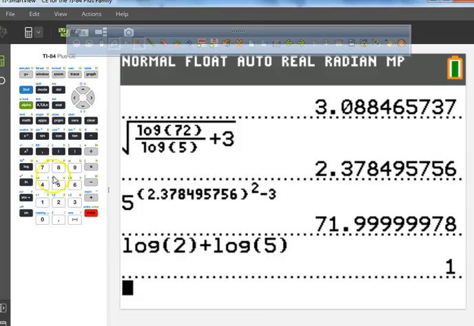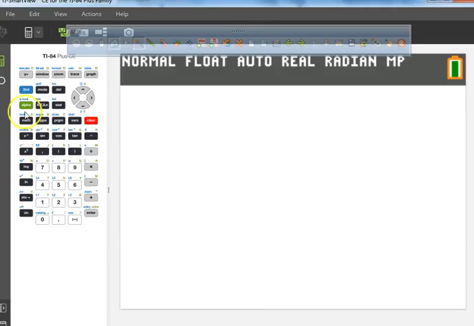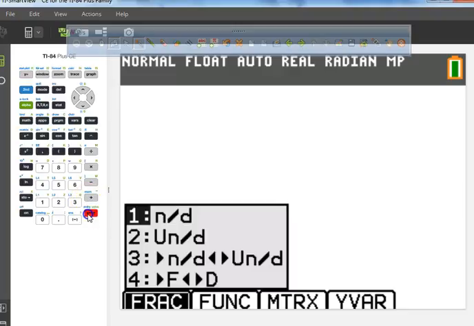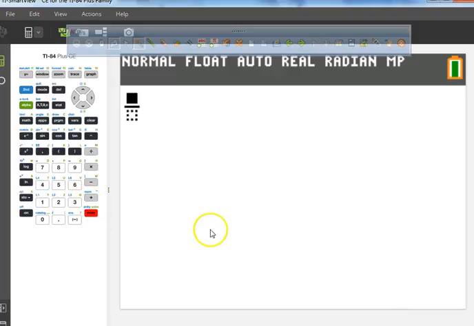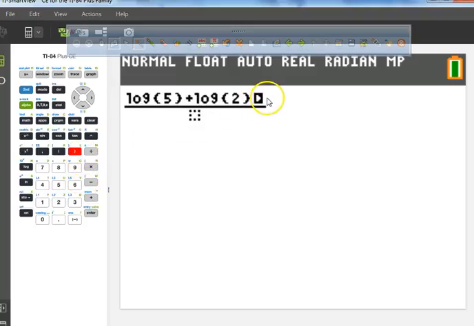So, clear this out. I'm going to hit alpha y equals enter. In the numerator, what am I going to type in the numerator? Log of 5 plus the log of 2. And everybody knows that right there is equal to the number 1 now. Alright, in the denominator it was 2 log of what? 2 log 5 minus the log of 2.